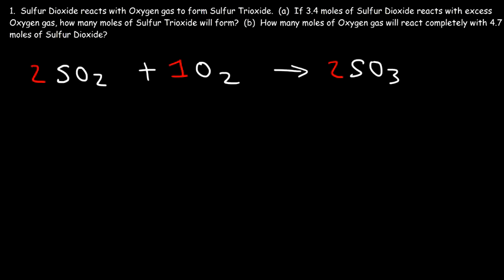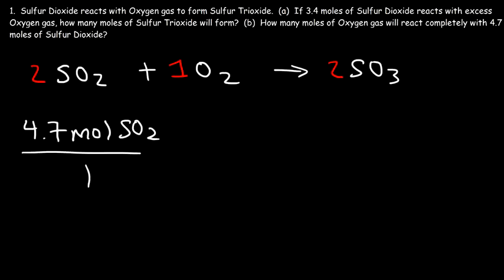How many moles of oxygen gas will react completely with 4.7 moles of sulfur dioxide? So let's start with what we're given, which is 4.7 moles of SO2. Now, we need to convert the moles of SO2 to the moles of oxygen gas.